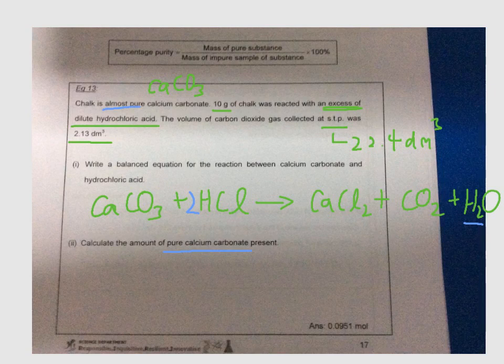It contains other species as well, other impurities. So in order to find the pure calcium carbonate that is present, you need to use this information, the volume of the carbon dioxide gas collected, because carbon dioxide gas is only collected when your calcium carbonate reacts with your hydrochloric acid over here.